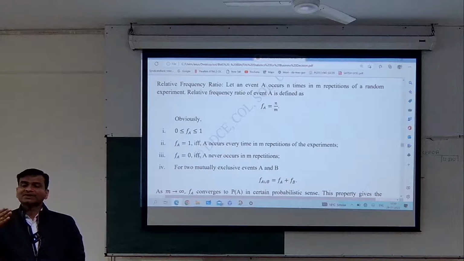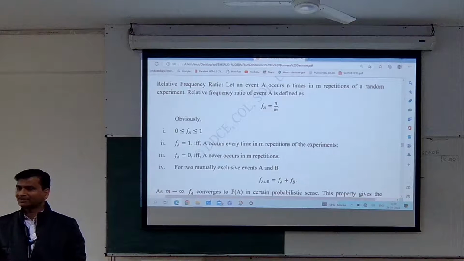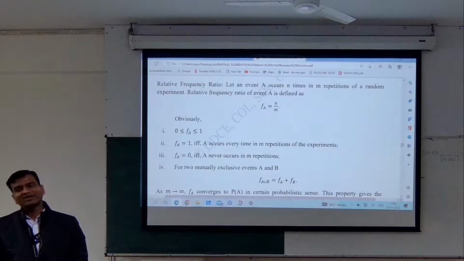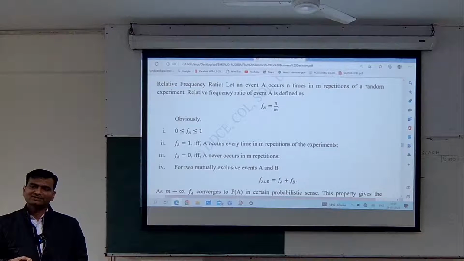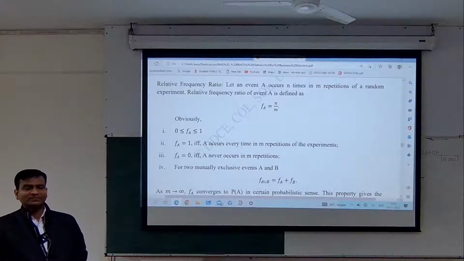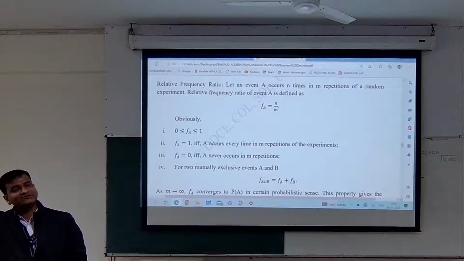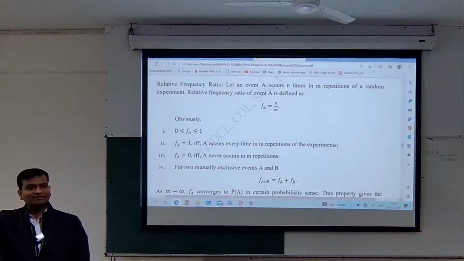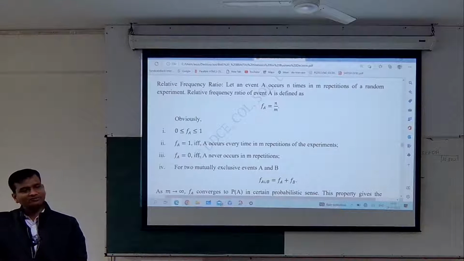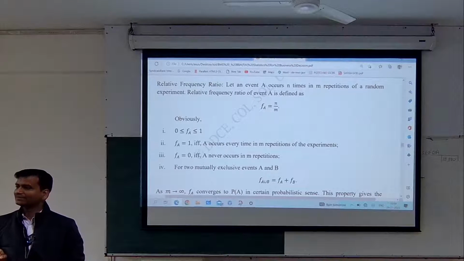So if you only do this rolling of die experiment 12 times, then you may not get your desired probabilities, okay. You have to repeat this experiment at least 1000 times, then you get the probability of 1 would be around 1/6, probability of 2 would be 1/6, 3 would be 1/6.